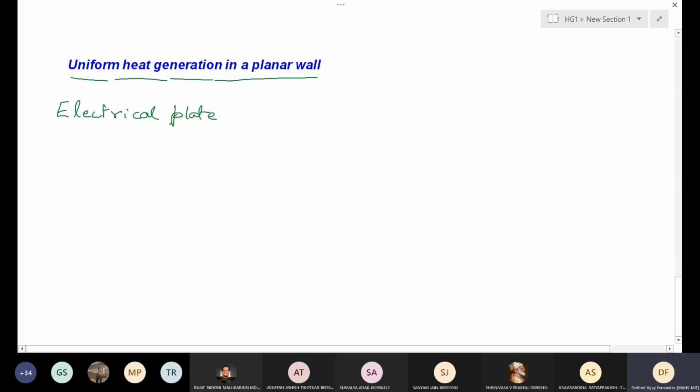So if you have an electrical plate heater, you might have seen this. There we have the rate of heat generation because of the resistance of the plate. Any other?